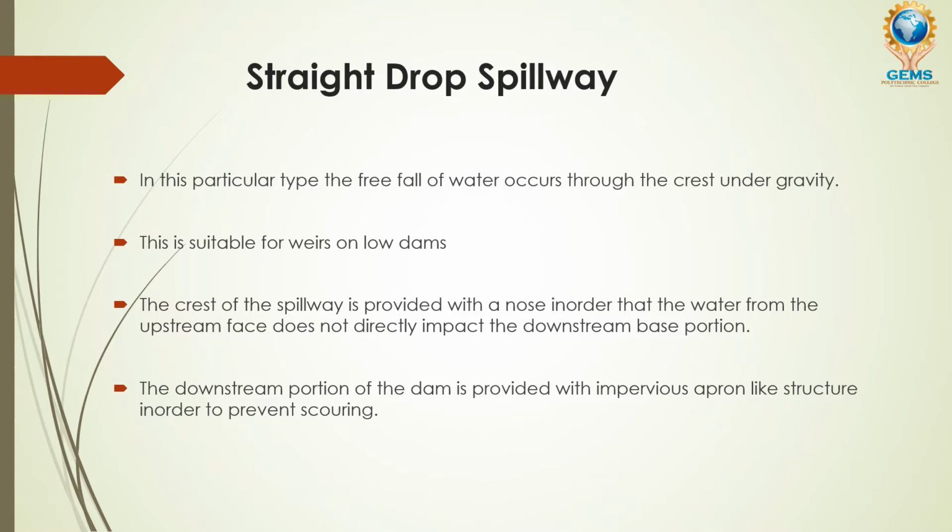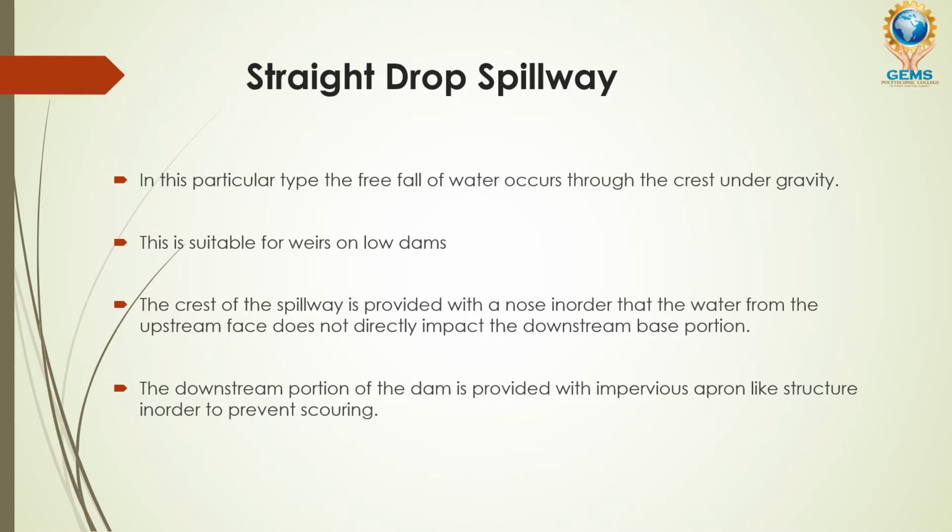This means the water in the upstream face comes at a greater velocity. Without any nose portion in the crest, it would fall at that velocity directly on the downstream portion and make cracks or fissures there. So in order to avoid that, the crest portion has a nose.